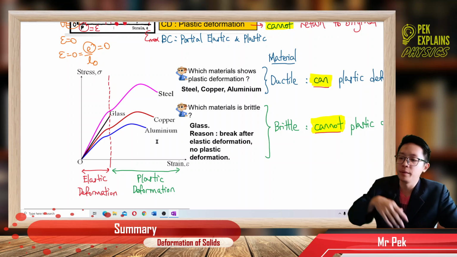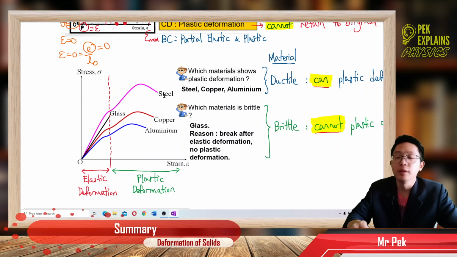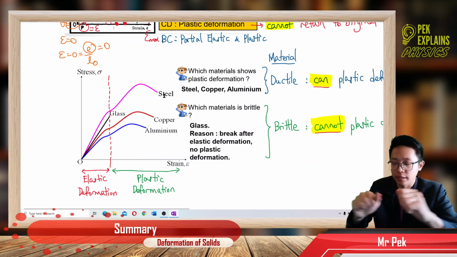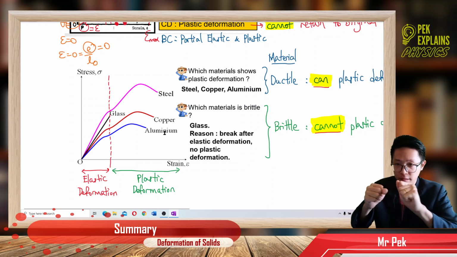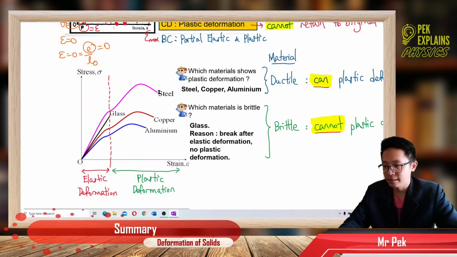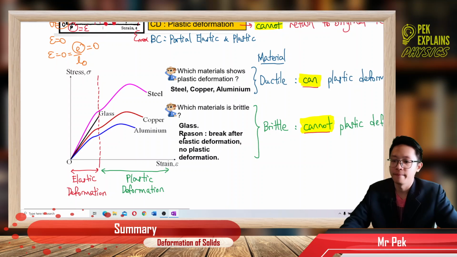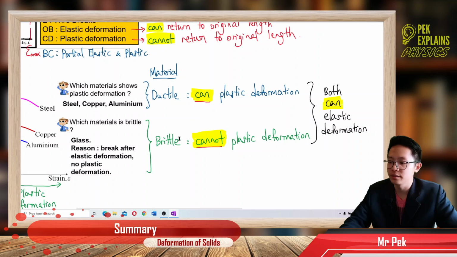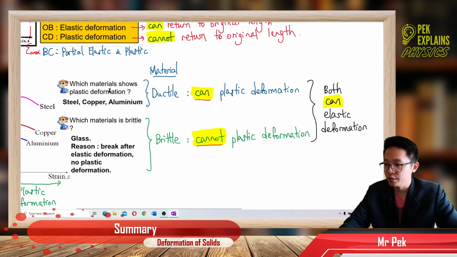But for steel, copper, and aluminium, you can elongate the steel, you can elongate the copper, you can elongate the aluminium. So this, we call it ductile material, they show plastic deformation. So what's the difference? Which materials show plastic deformation? Only the steel, copper, and aluminium.